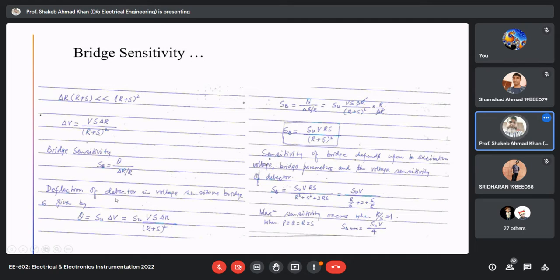Now the deflection of the detector in a voltage sensitive bridge is given by, if you are having any voltage sensitive detector, obviously the deflection will be, this SV is basically sensitivity of the voltage sensitive detector into the change in voltage across that, this will lead to the response theta.